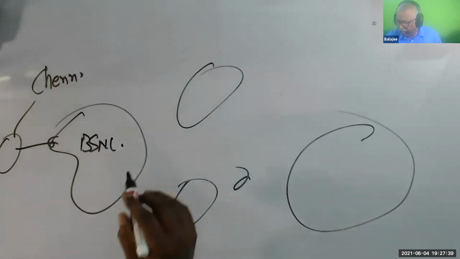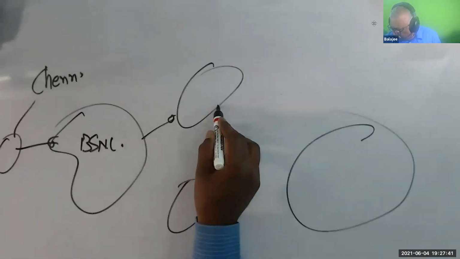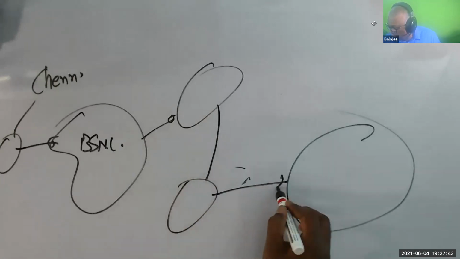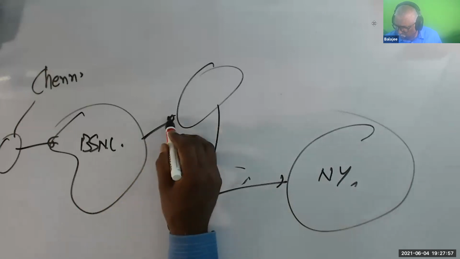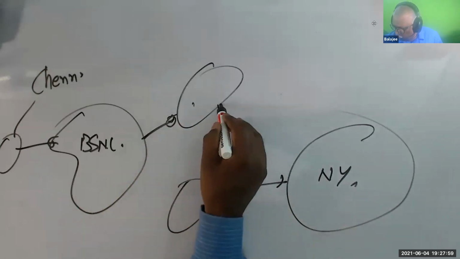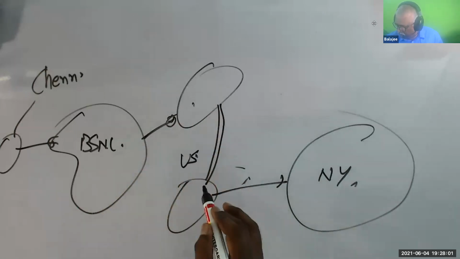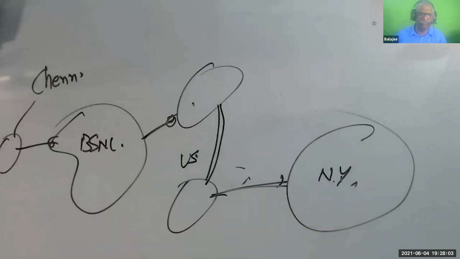And BSNL could be connected to another provider, and the other one could be connecting here. This should go to New York. In between, it goes via so many providers, because you know there are cables running under the sea. Am I right? Or it goes via satellite, whatever it is. So all the fiber cables from Chennai to Singapore, from Singapore to the US, and the US to New York, you can go. Am I right?